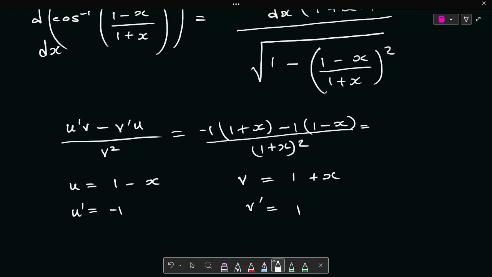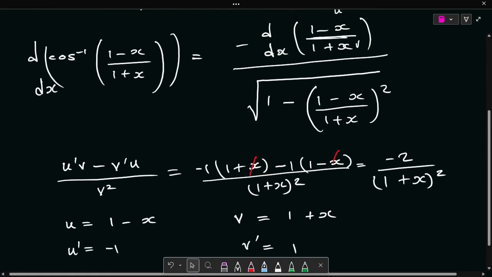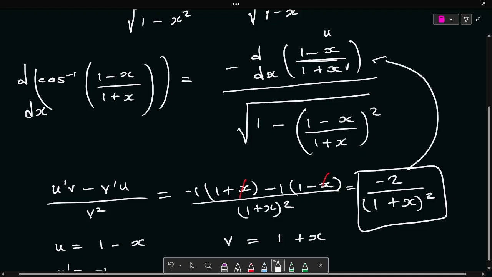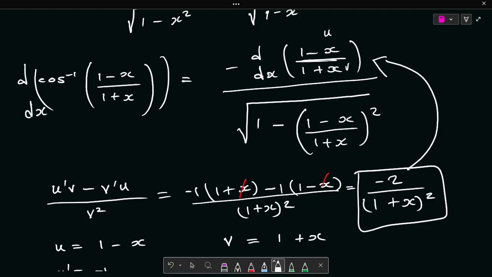What are we going to get? Basically I can see that this one and this one will cancel, even if I haven't expanded this, and you get a negative 2 on top over 1 plus x squared. Okay, so this is what we are getting, and replacing here.